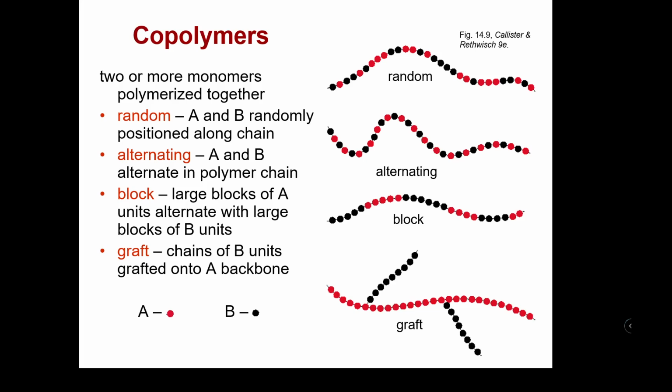Although copolymers aren't really a new idea, and they aren't really our idea, because copolymer is really a more accurate description of what a DNA or RNA strand is made of. It is a biopolymer, and it has repeating units, but it's not a random sequence. It's not really an alternating sequence, and it's not really a block or a graft, but it is a sequence that encodes information.